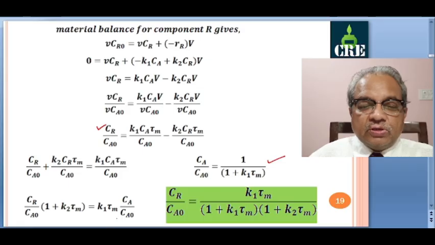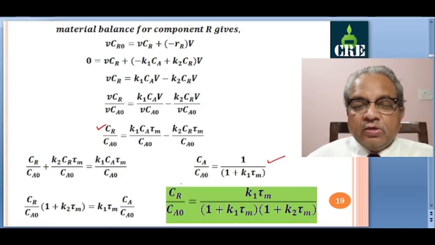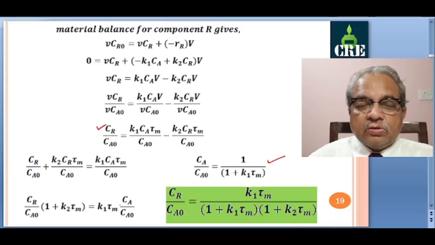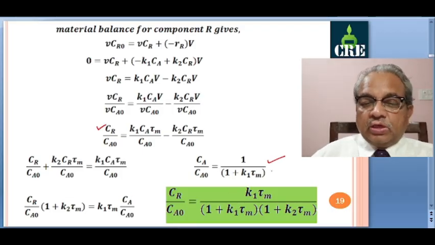And if I transfer this also in the denominator, I get Cr by Ca0 is equal to, from this term we already have K1 by tau m. This 1 plus K2 tau m comes from this side here, and this Ca by Ca0 is 1 upon 1 plus K1 tau m.